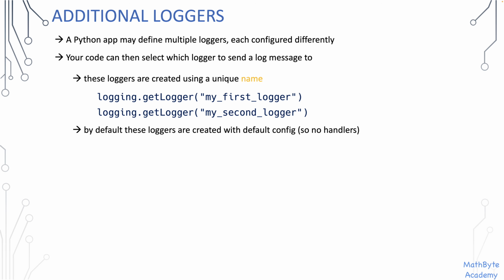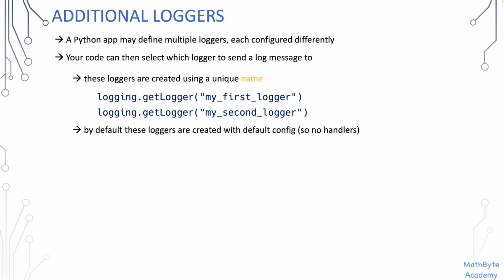So by default, those loggers are created with some default configuration. Amongst other things, that default configuration has no handlers. And this is not like the root, right? The root logger behaves a little differently when you have no handlers. It still emits something to the console at the warning level by default, or, that last resort I was telling you about, or you can even turn that off.